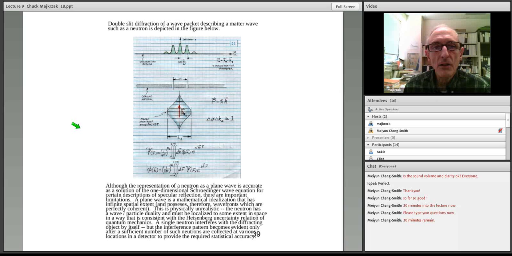And this localization is achievable, for example, by modeling the neutron, as has been done from the beginning of quantum mechanics, as a wave packet.